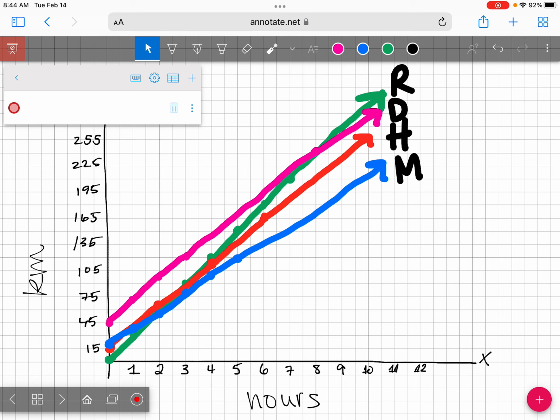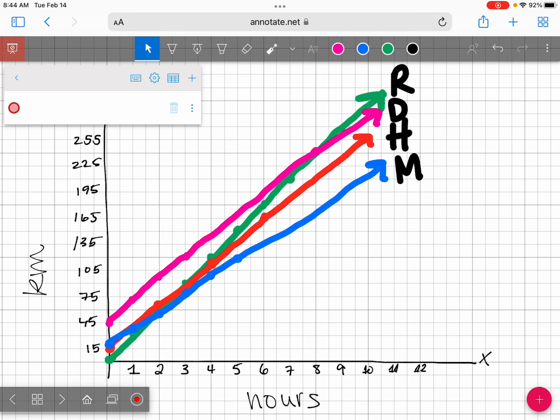Because their slope is the same, therefore they are, what's the word? Parallel lines. Yep. Cool. All right, and then if you guys didn't write these out and want to write them out for part E, Ryan had an equation of y equals 30x.